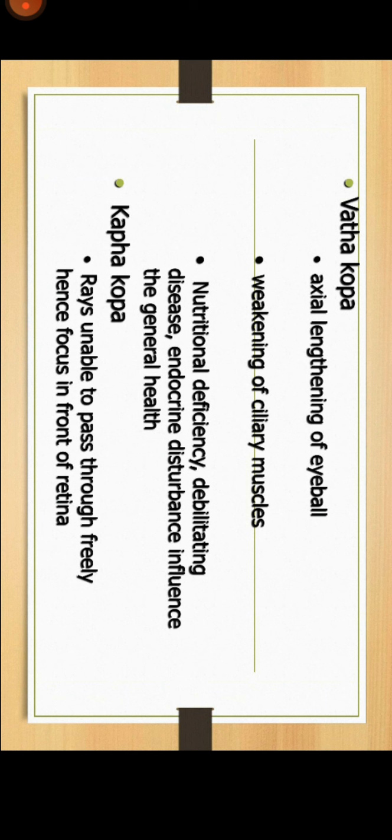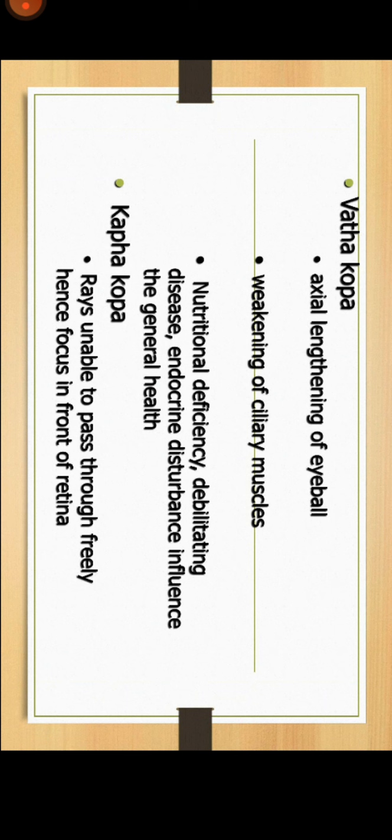Here Vatakopa means weakening of the ciliary body, then nutritional deficiency, debilitating diseases, endocrine disturbance influencing the general health. Weakness and Dhatukshaya, that is nutritional deficiency, may occur in simple myopia. These are all Vatakopa Lakshanas.